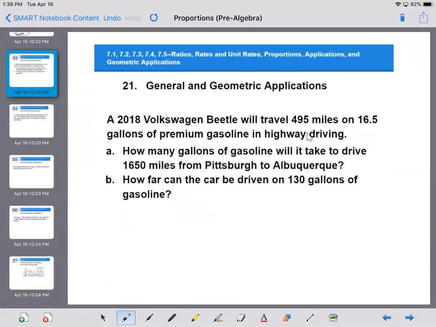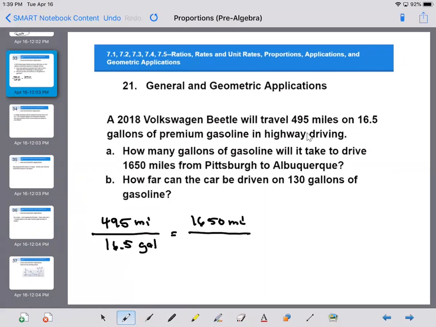A Volkswagen Beetle will travel 495 miles on 16.5 gallons. So if he's going on a trip of 1,650 miles, how many gallons of gas will it take? And how far can it be driven on 130 gallons of gas? So part A is, how many gallons of gas will it take to drive this?